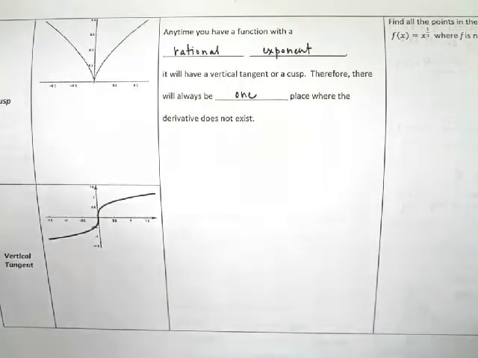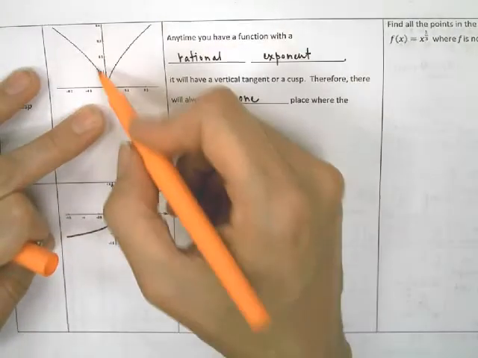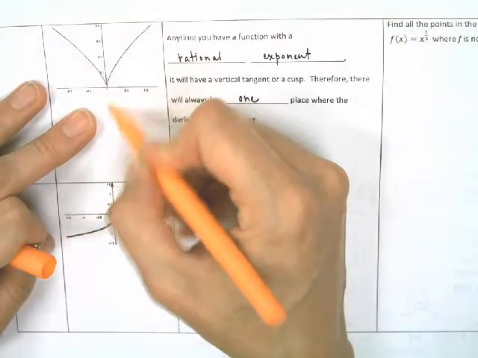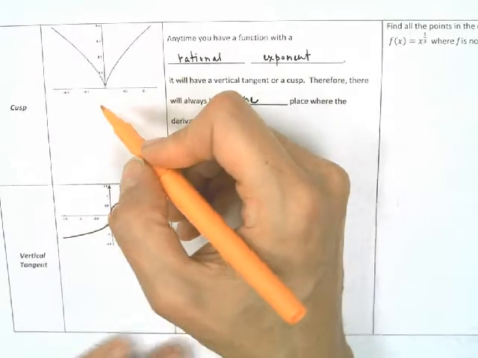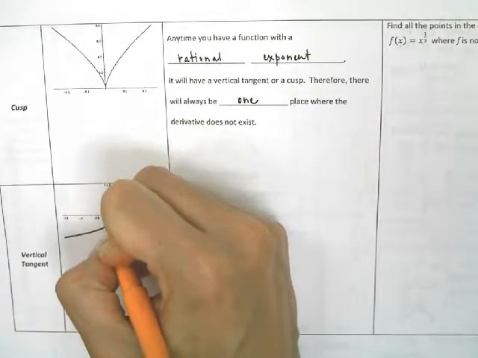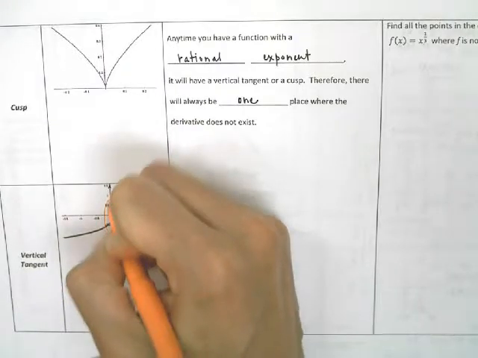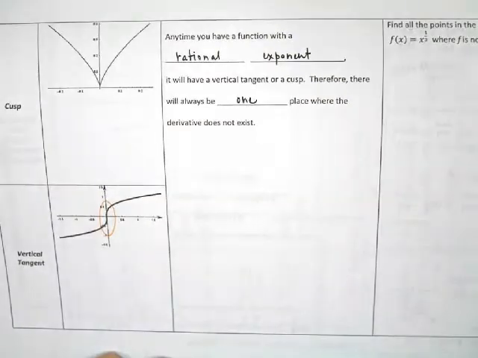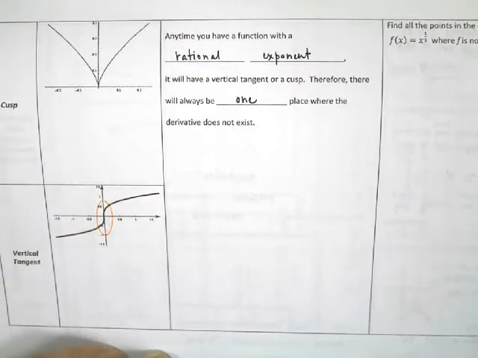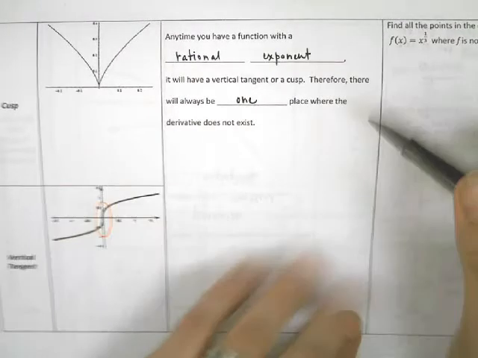Okay, so now I can see the cusp here. If I were to look at this tangent closer and closer to 0, that's going to approach a vertical line, which is undefined. Same thing with here. If I look at x equals 0, I have a vertical tangent line, which is going to make me not differentiable. So here's where we have to look out.